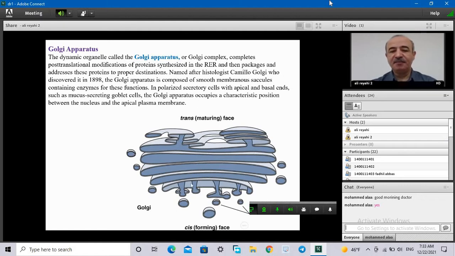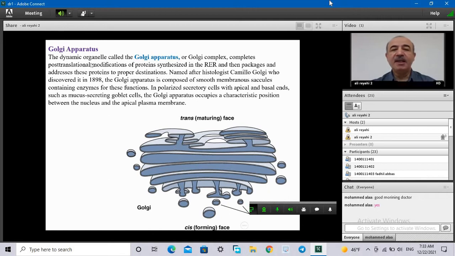Look at this picture. The Golgi apparatus is formed by some parallel sacs or cisterns within the cytoplasm. Usually the Golgi apparatus is located on one side of the nucleus, and it's involved in protein synthesis.